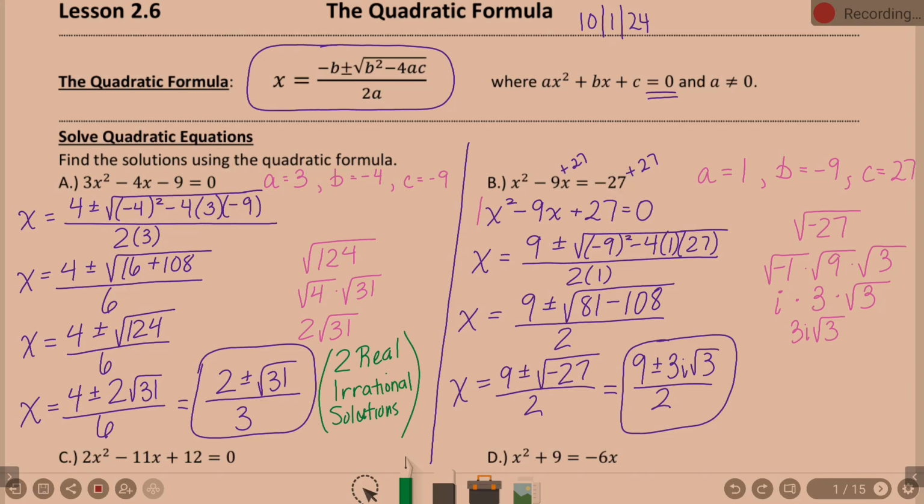So there's 2 answers. Real or non-real? Non-real. And so it doesn't talk about rational versus irrational in this one. Mine is listed as 2, non-real. And then if you remember, numbers that are in that form, a plus bi, are complex solutions. So I have this written as 2 non-real complex solutions.